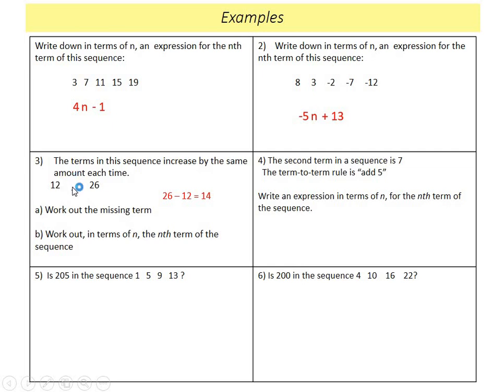So therefore I need to divide it by 2 to make this a 2-step jump to get to 26. So I can see that there's a difference of 7 between the number 12 and this missing number. So if I add 12 and 7, the missing number is 19.